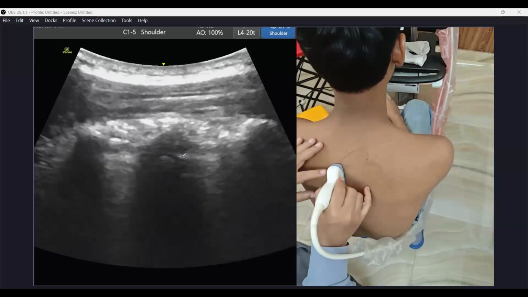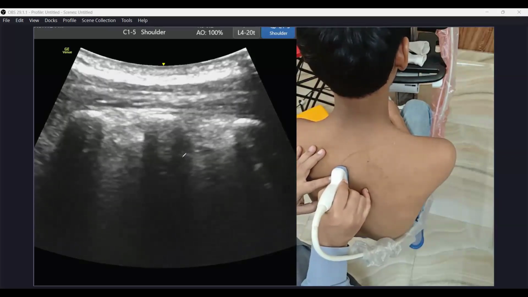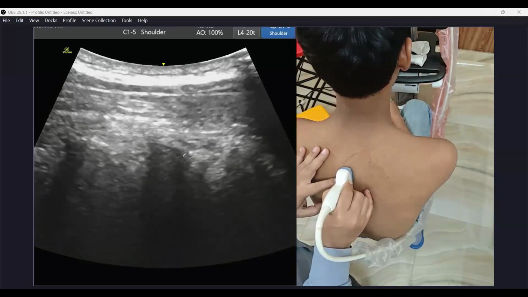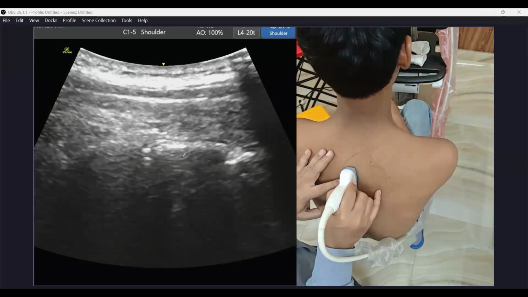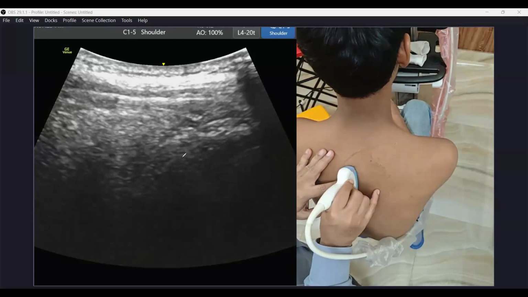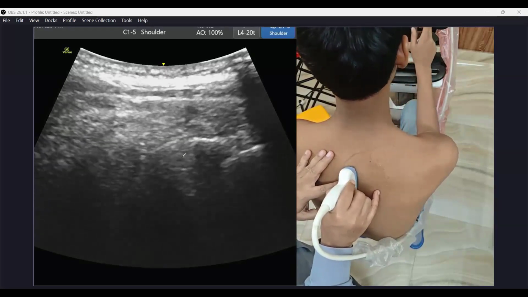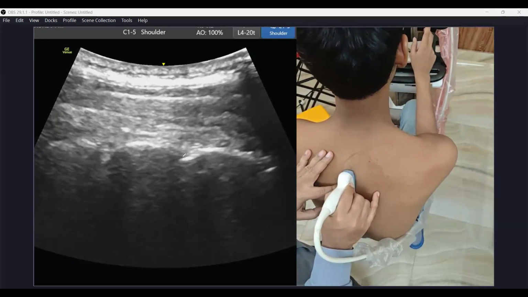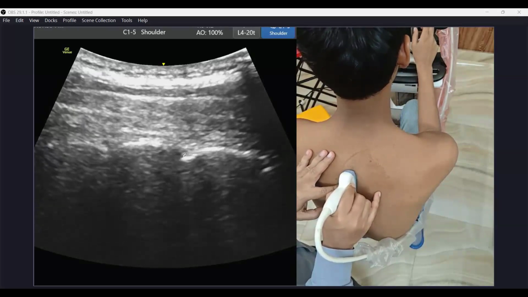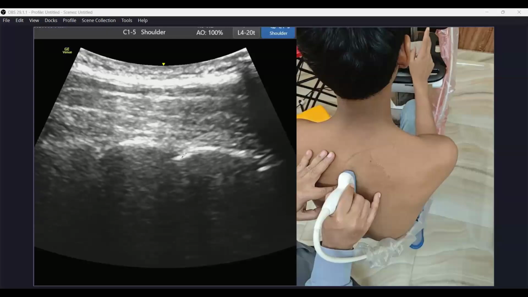So this is the rib part. This is the transverse process. This is the lamina actually, but I have to show you the facets. So this is the facet. See, there is hardly any gap between the two bones.